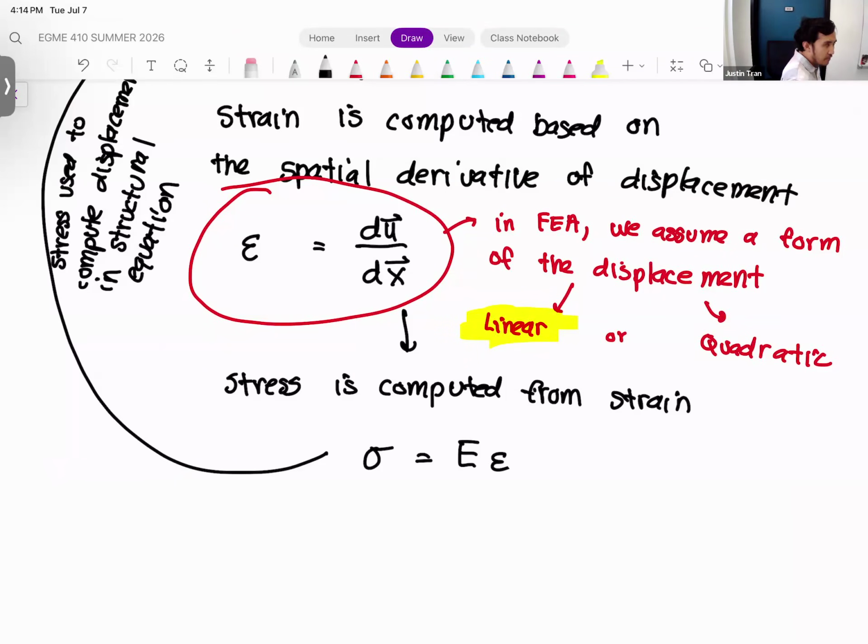So what happens when we have a linear solution? When you take the derivative of a linear function, what do you obtain? You obtain a constant.